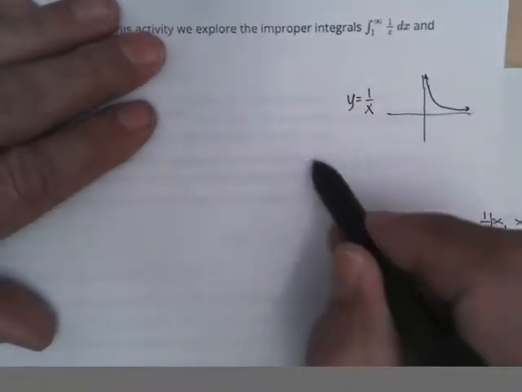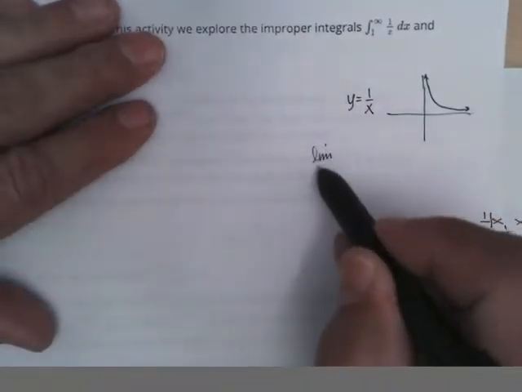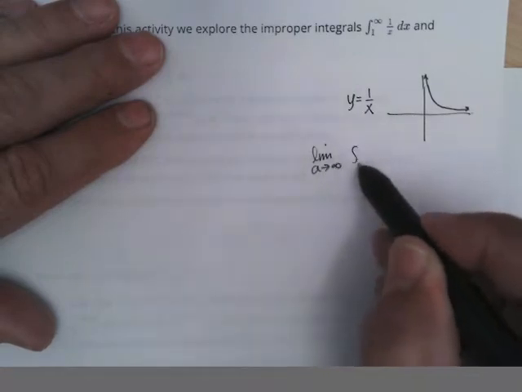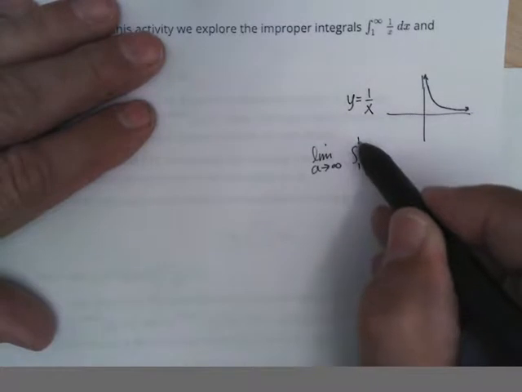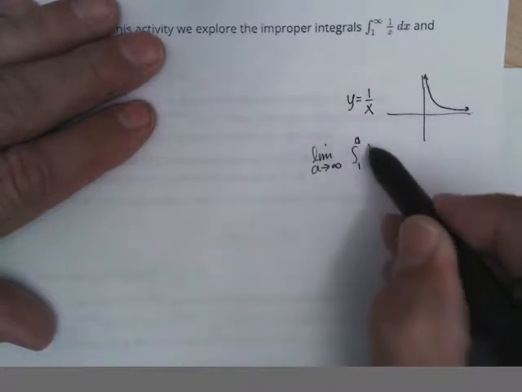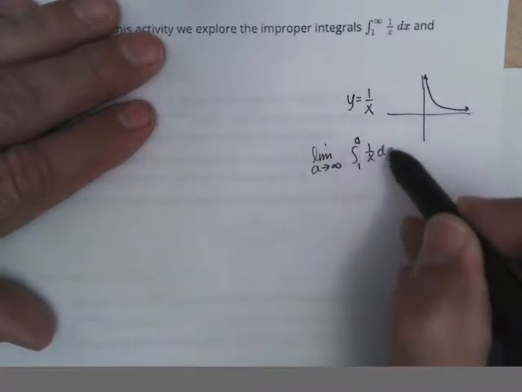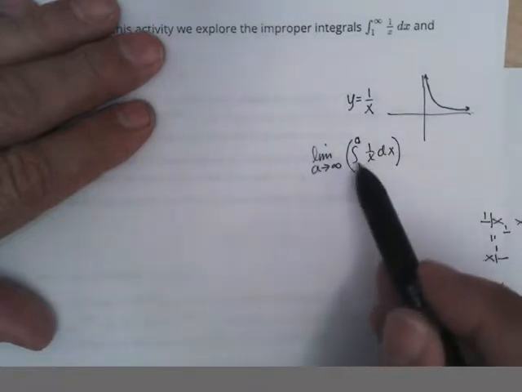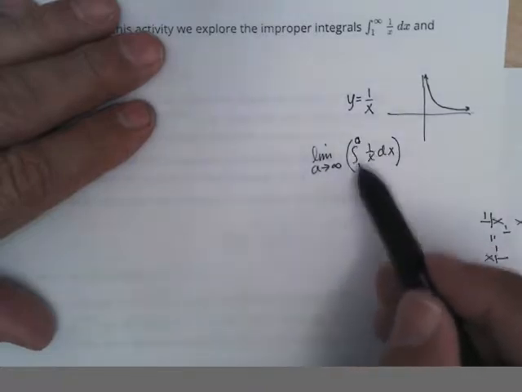So we'd have to do the limit as a approaches infinity of the integral from 1 to a of 1 over x dx. Now we want to completely work this one out, even putting in the limits.